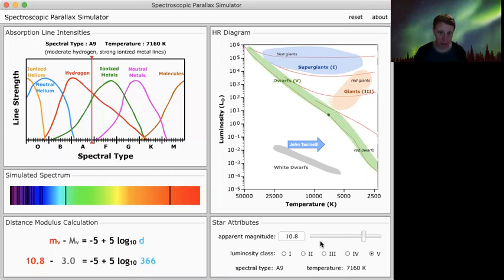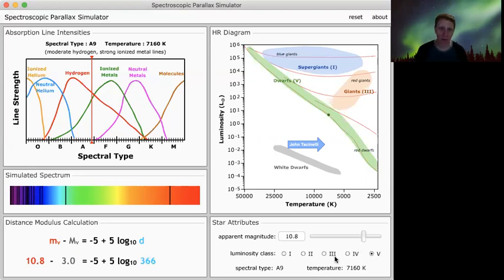Furthermore, we know that it's a main sequence star, which is the little V in the lower right here, because the lines have a certain sharpness to them. If it were one of these, the lines would be even sharper, and we'd know it was a giant, but because they're a little bit fuzzy, we think it's a main sequence star.